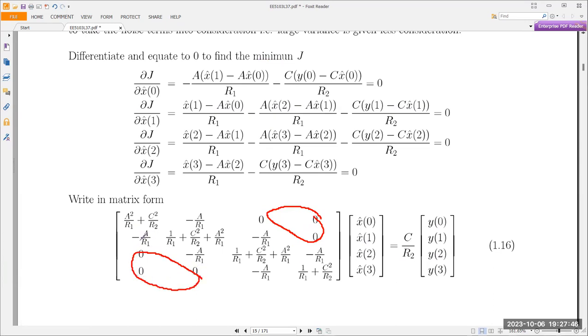Then you see here and here is the same. I call it alpha so that it's not so difficult. So all these are alpha, alpha, alpha. All right. And then you see this and this. I call it beta. All right. This is alpha.